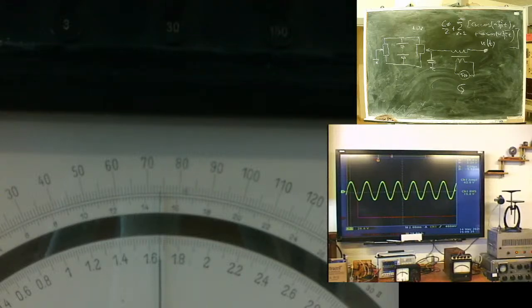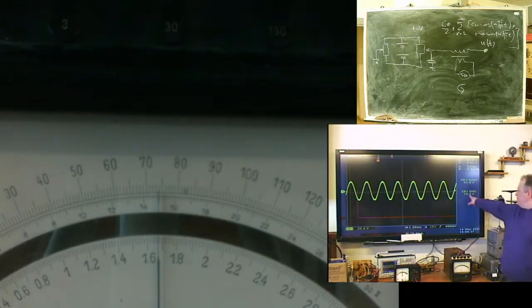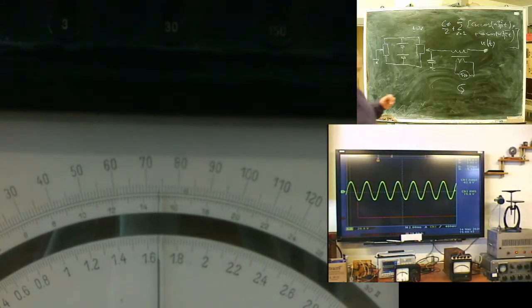You can see it's small digits, 15 volts, 14, second scale. 15 volts RMS. This one pretends to show RMS.